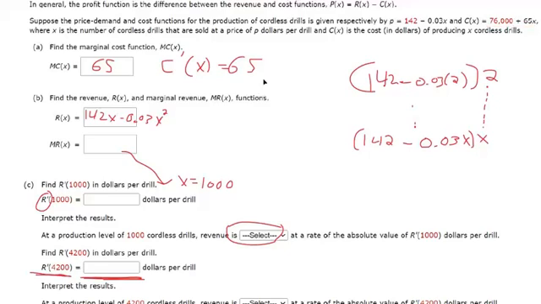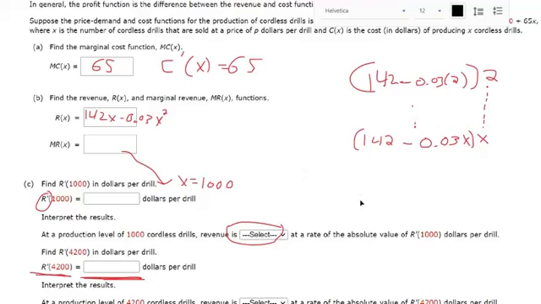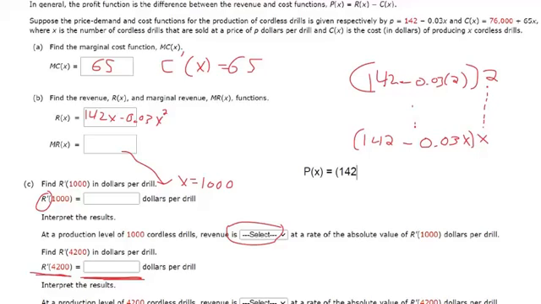So to find P of X, the profit, P of X is going to be the revenue, which we found to be 142x minus 0.03x squared, subtracted by the cost, which is, make sure to use parentheses, 65x plus 7,600, because you're subtracting everything of what the cost is, not just the first term.